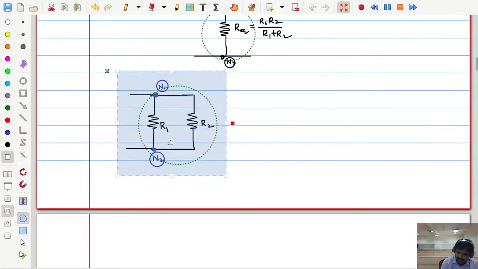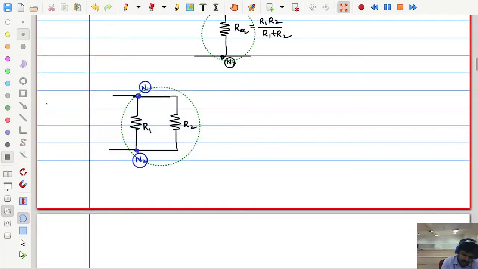And see here. If I have a current of I amperes which is trying to come towards this green color circle, these are the two persons who are in parallel, and these two persons together are getting I amount of the current.